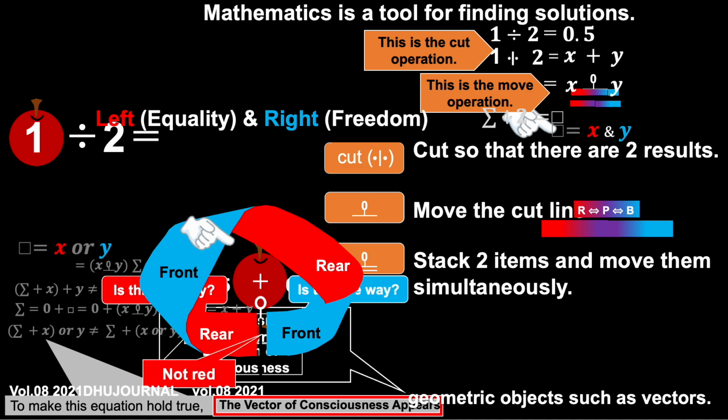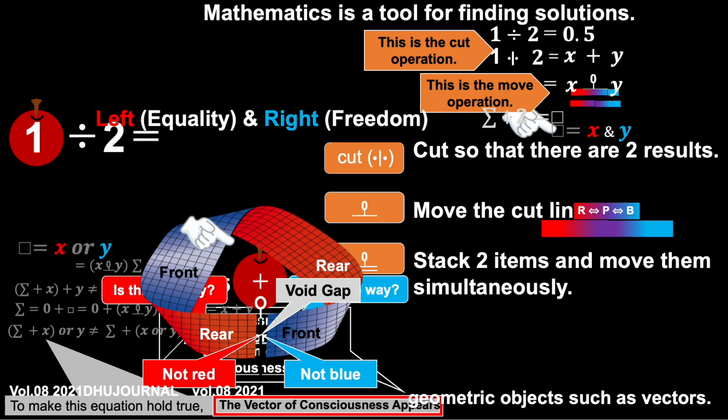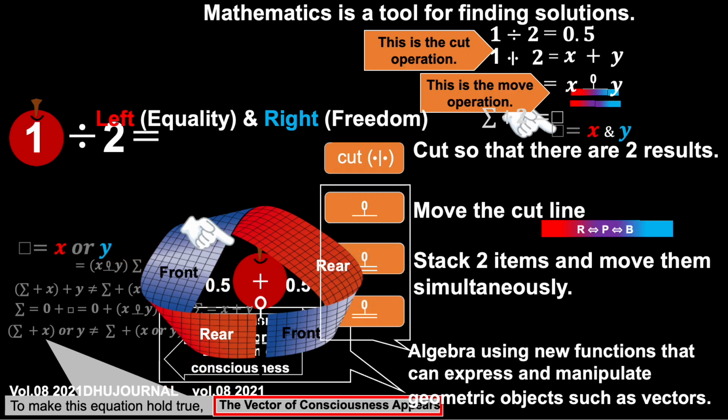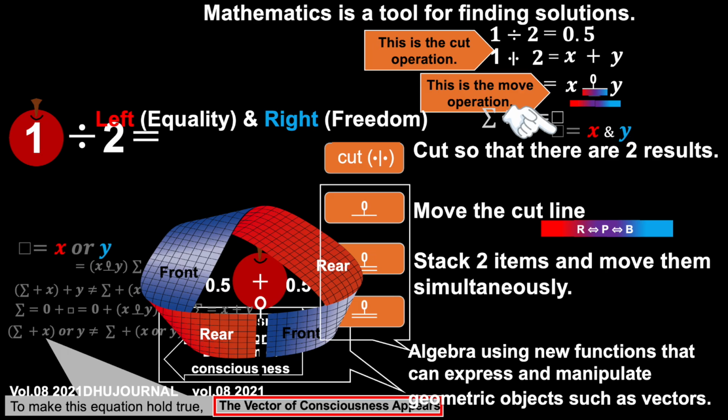This cut is neither red nor blue, it is an empty void space. This model, which I later used to explain imaginary numbers, allows us to express and manipulate geometric objects, like vectors. This was the birth of a new kind of algebra. This is the core characteristic of what I call the Mitsuyoshi operator.